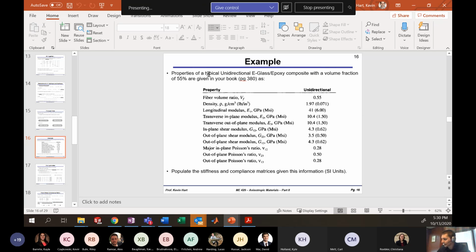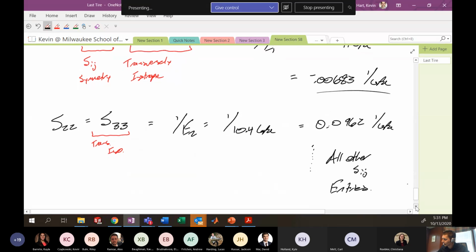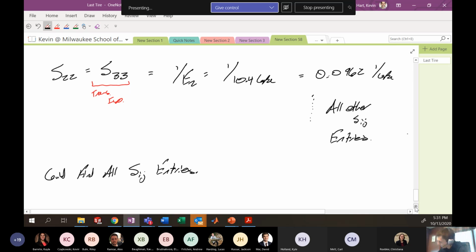And so you can understand that, given this information, it's a transversely isotropic material because unidirectional composites are transversely isotropic. Okay, so that's how we're allowed to simplify your compliance matrix. All right. So all in all, you could find all the Sij entries if you wanted to do that.